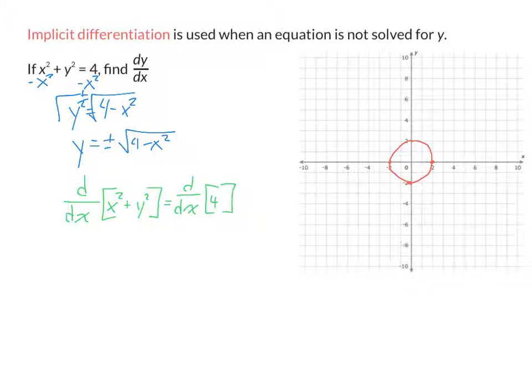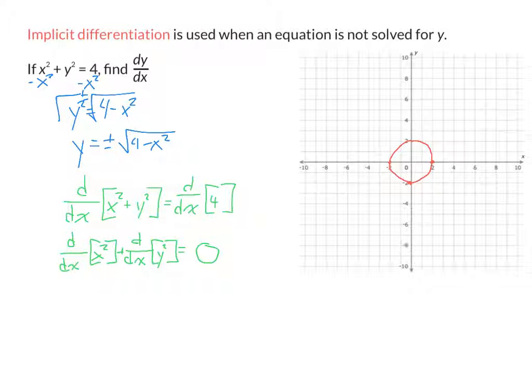Well, remember we're allowed to break it down so that we can do the derivative with respect to x of x squared and the derivative with respect to x of y squared equals, and I can already evaluate the derivative with respect to x of 4. Remember, 4 is not changing at all with respect to x, so it's just going to result in 0.